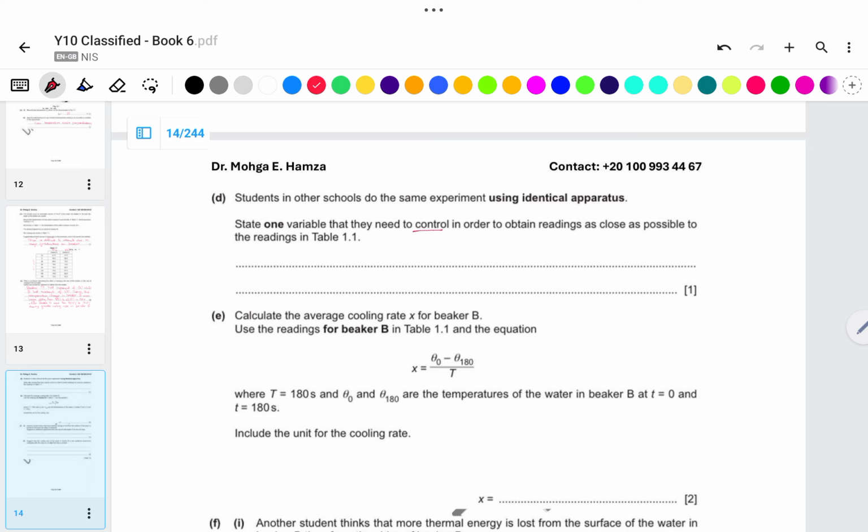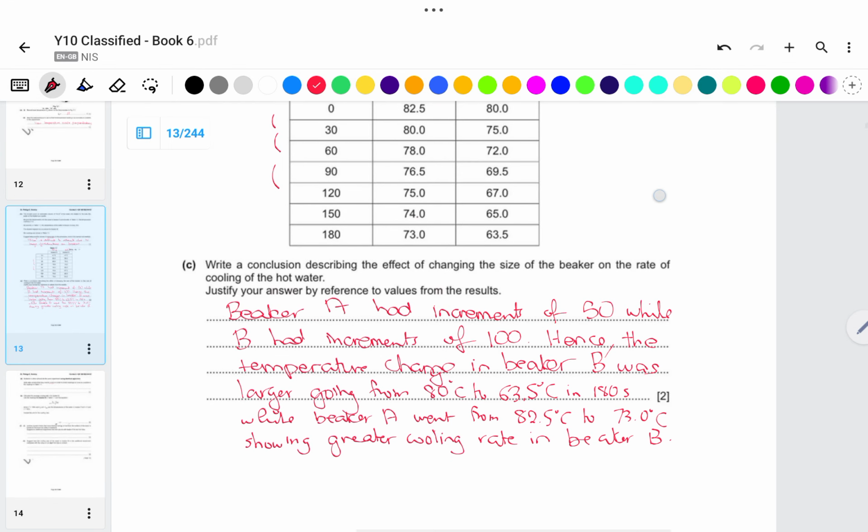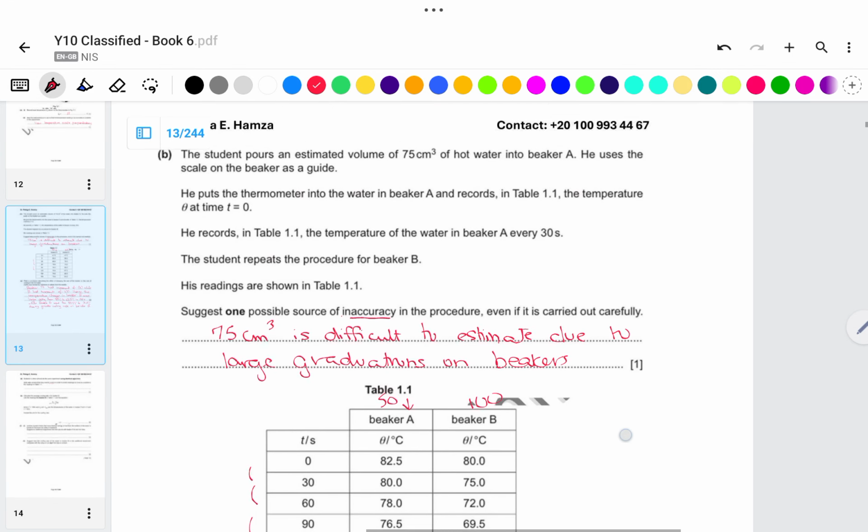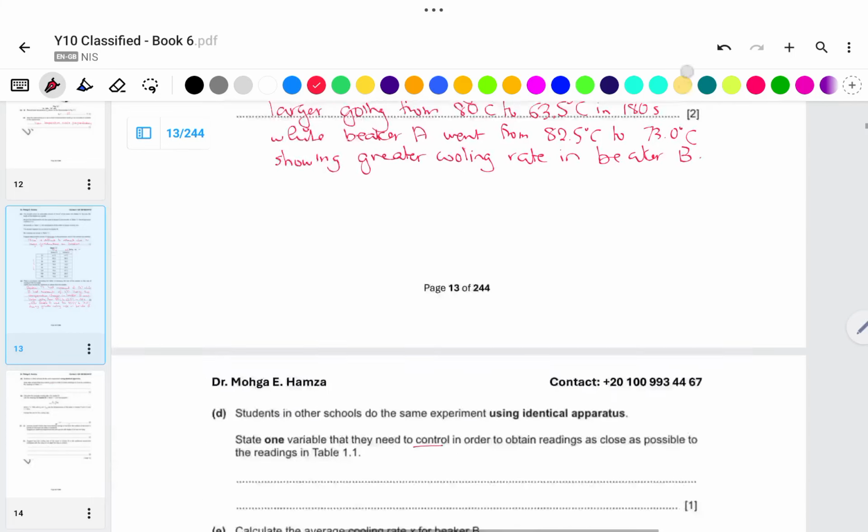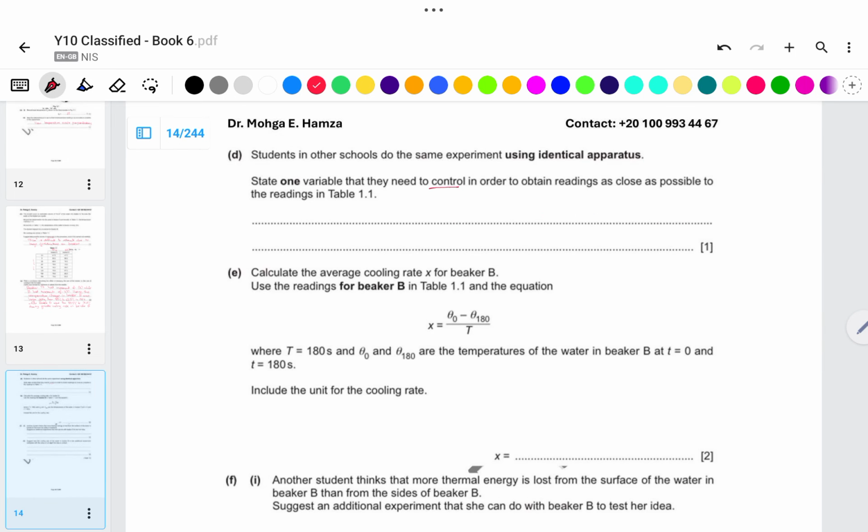They said that I've used 75 centimeter cube of water, so I have to keep that the same. So I'm going to write that I need to use the same volume of water. Okay, you can use other answers as well, like the initial temperature that you're going to start with, the temperature of the surrounding.